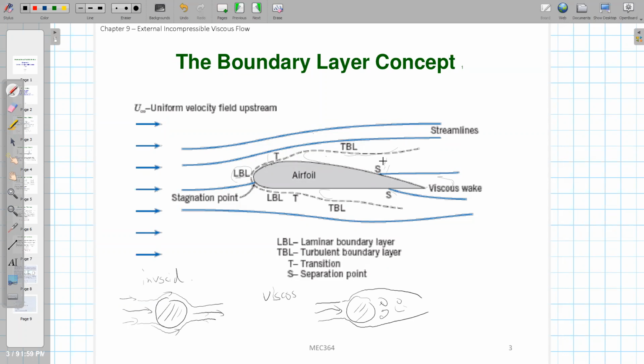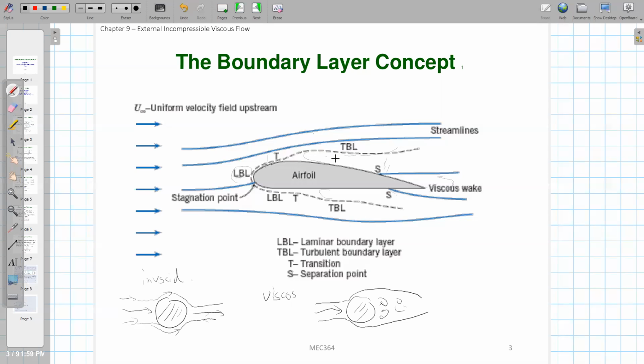I just want to show you two things with this picture. The first thing is that for viscous flow around some blunt body, it will form a very thin layer close to the solid surface.